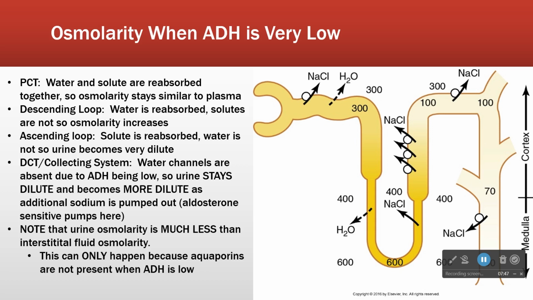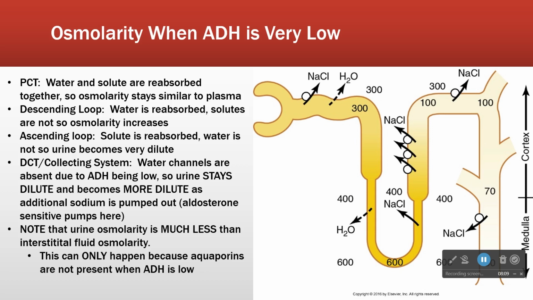Sodium and water reabsorption, just like normal. That's always happening, right? That's obligate. All right, now, water and solute reabsorb together, so the osmolarity of the urine stays about the same as that of the blood, because we're removing both solute and water in about the same amounts.